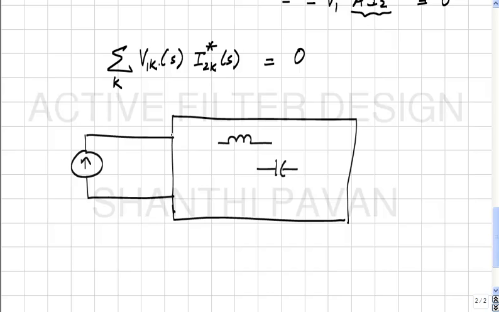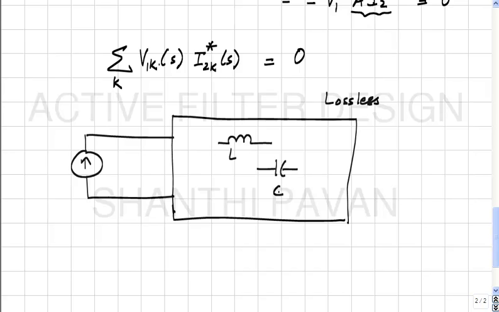All right. Now let's say you have a lossless network with only, obviously, inductors and capacitors. We are trying to figure out what the property of the driving point impedance of such a network is, the motivating factor being the whole discussion on frequency transformations.